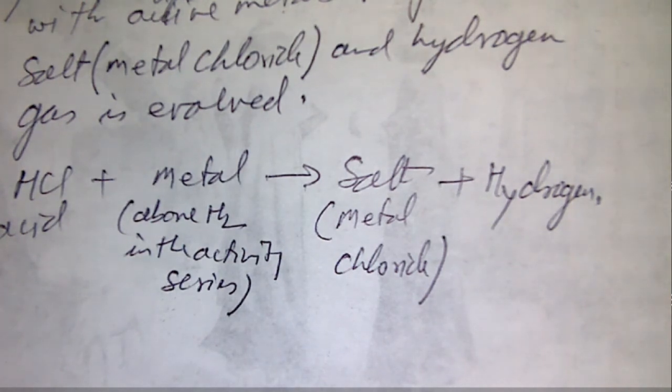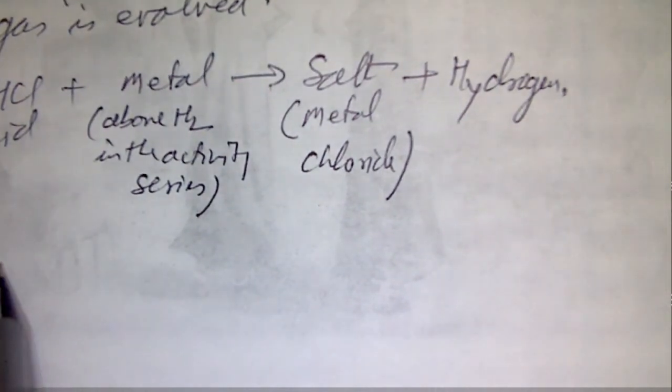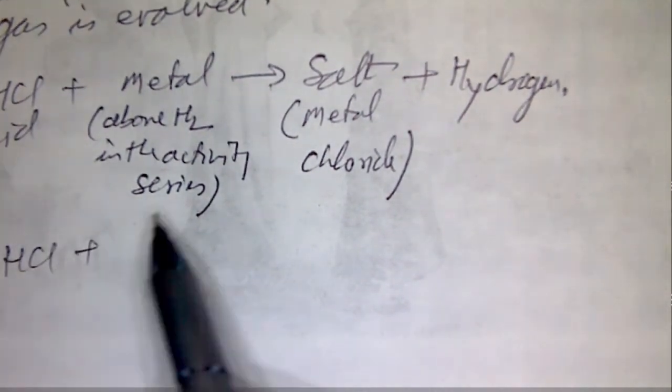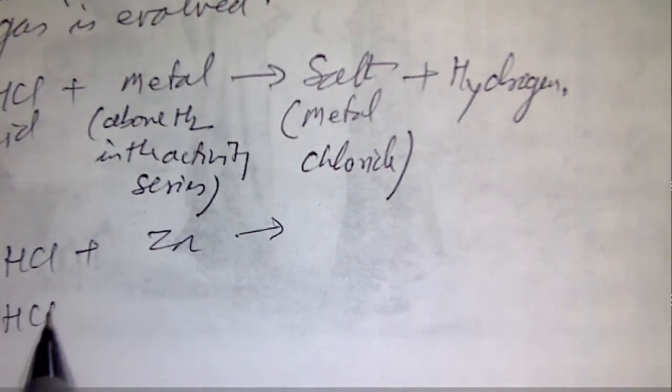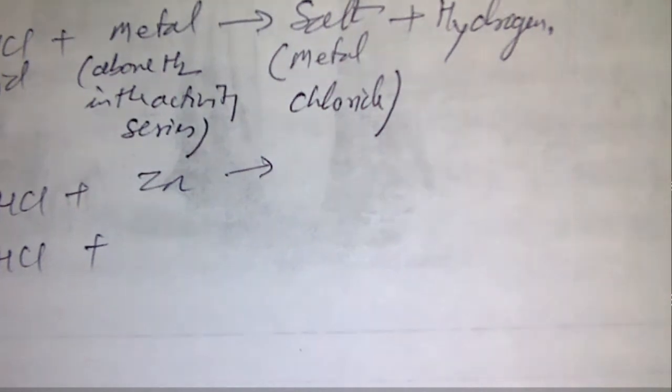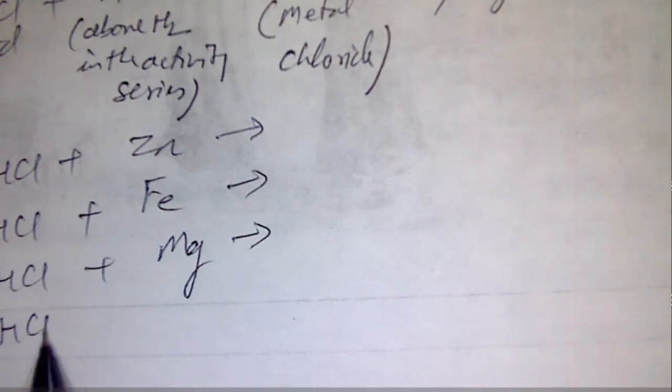Is it clear? So let's take some examples here also. I can take HCl, add any metal, isn't it? I can add zinc, HCl, any metal. So iron, HCl with magnesium, HCl.